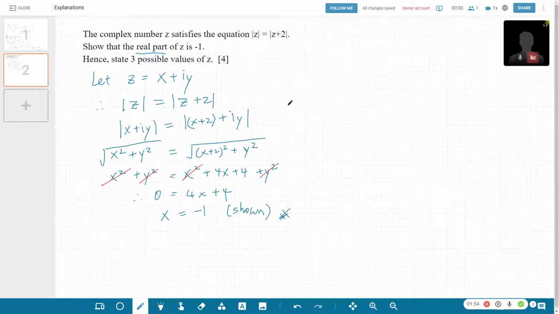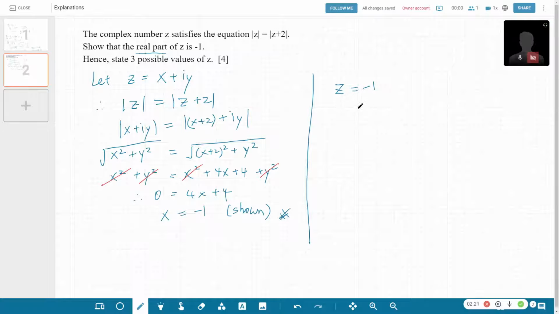Hence, state 3 possible values of z. Now, we can let z equal -1. You don't really need to explain. And you realize that the y squared cancels out, so y can be any value.